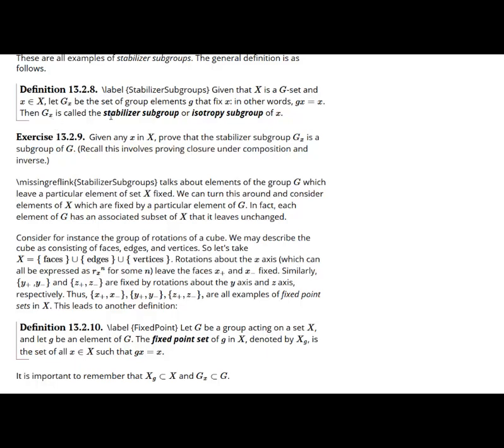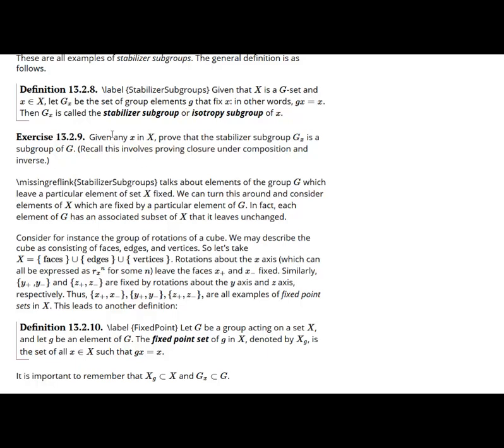And G sub x is called the stabilizer subgroup or isotropy subgroup of x. In terms of the example that we just talked about, the group of rotations around the x-axis are the stabilizer subgroup for the face x plus. They're also the stabilizer subgroup for the face x minus.